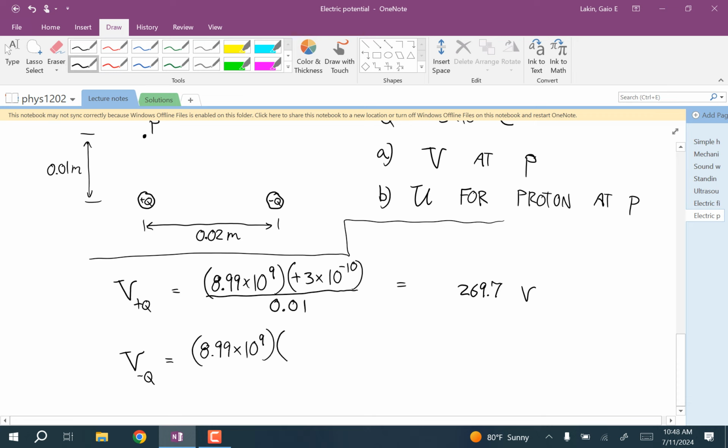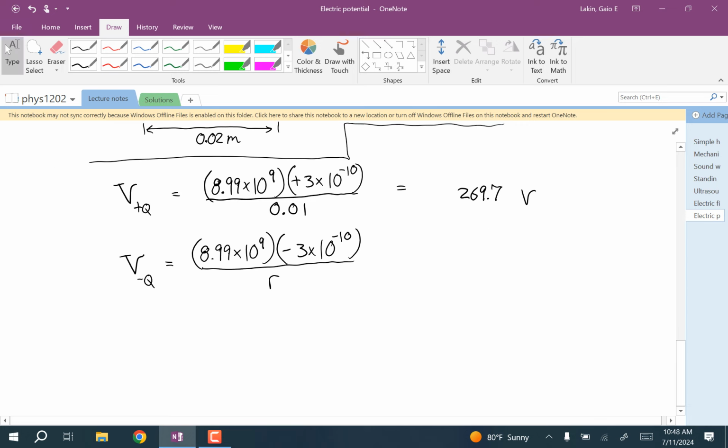Again, just trying to clarify that when you're doing the electric potential, you put the actual signed values in here. So this time it's negative 3 times 10 to the minus 10. That's different than the electric field vectors where you just use the absolute value. And we're dividing this by R.